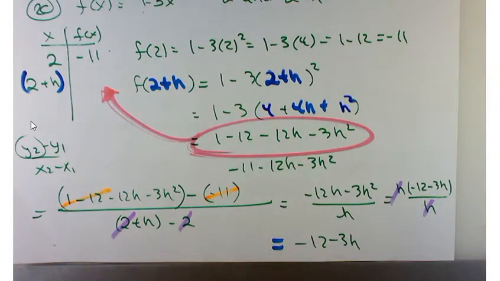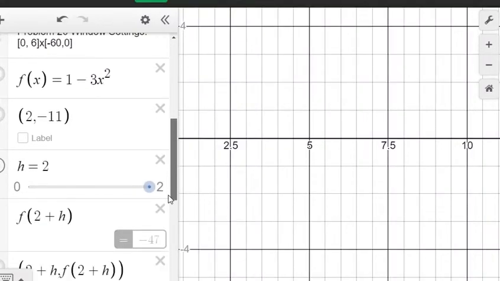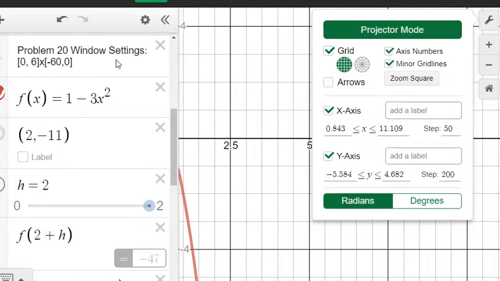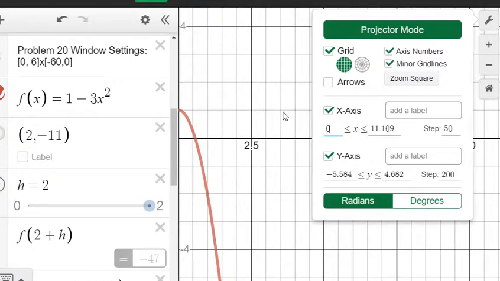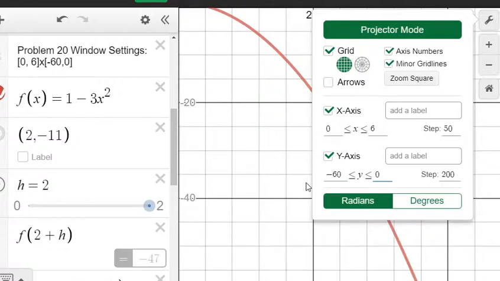That's a yay. Let's look at it graphically and just understand briefly what's going on graphically. I'm not really going to hold you responsible for much off of this graph, but let me turn on this one. My window settings, I'm going to use these recommended ones up here. So 0 to 6 on the x-axis and negative 60 to 0 on the y-axis.